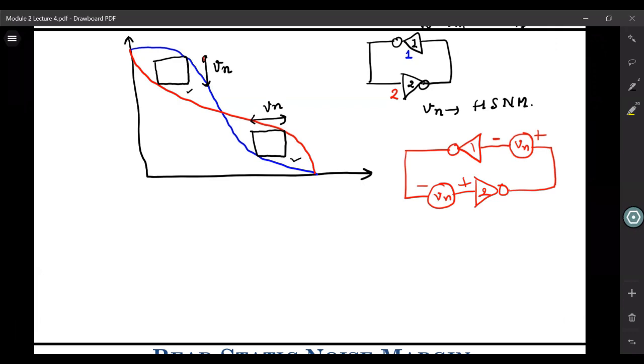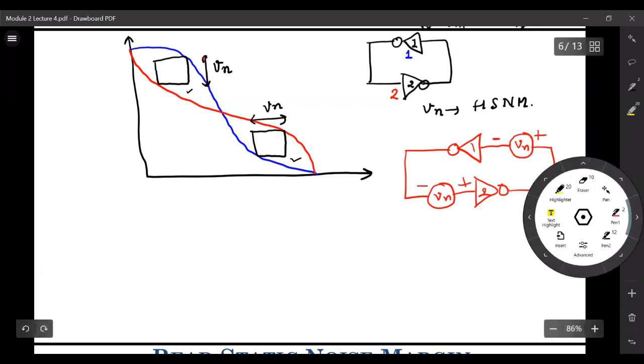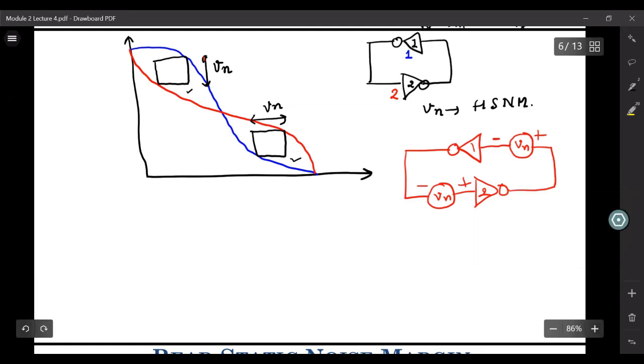To understand this, let us draw the VTC of inverter 1 and inverter 2 in the presence of noise. That means applying an input over here and checking the output over here for inverter 1, and for inverter 2 applying an input here and checking the output here.